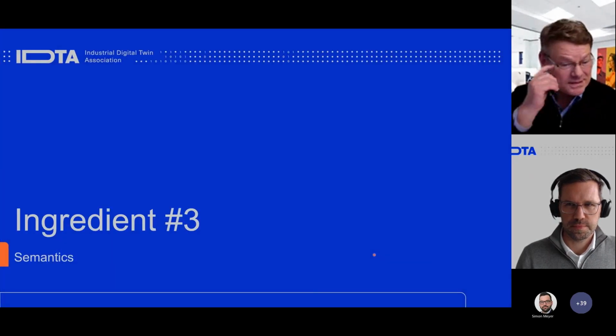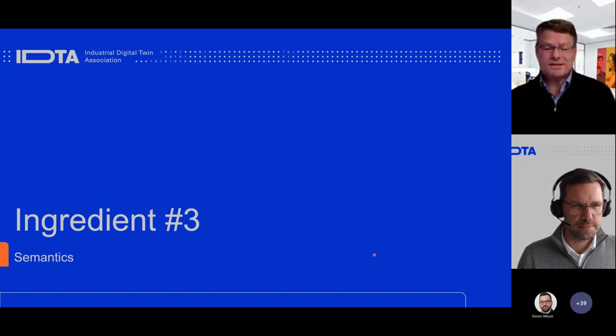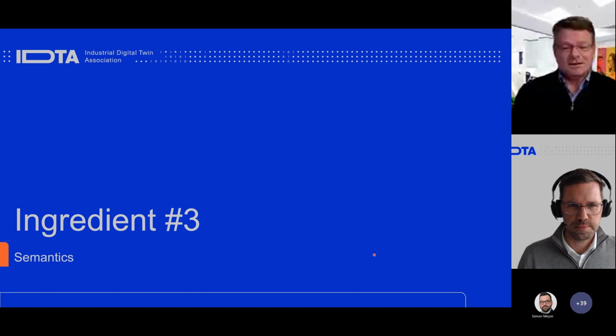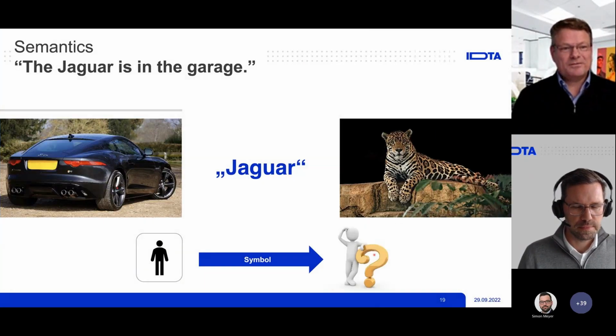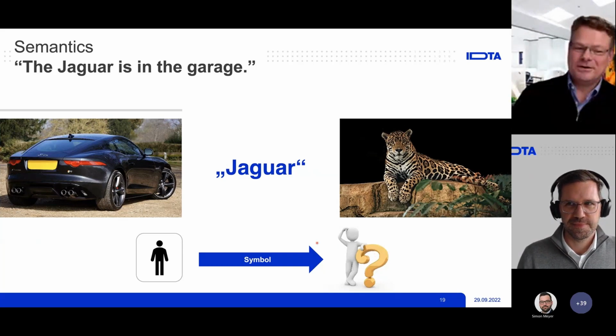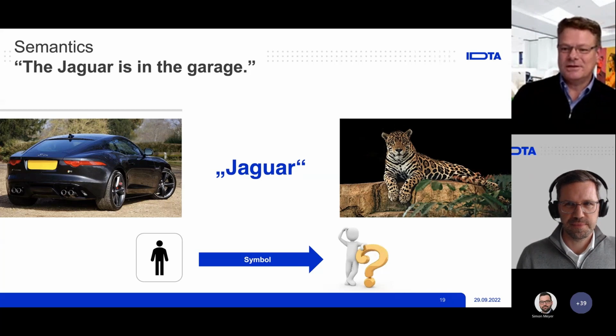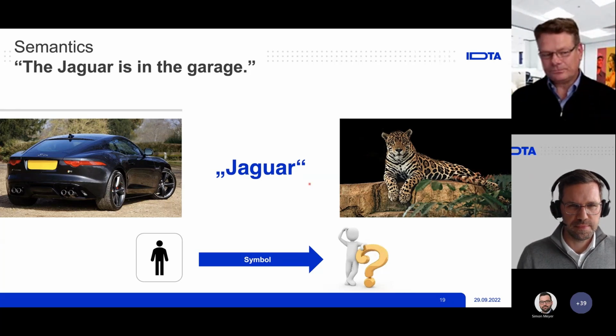Third ingredient, semantics. So how do we know what the information means that is inside the submodel? So if my wife says to me, the Jaguar is in the garage, I might be either surprised and positively surprised, or I might be scared. Because if the context is not clear, the term Jaguar can mean two different things.